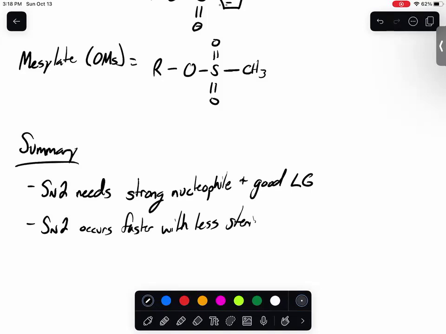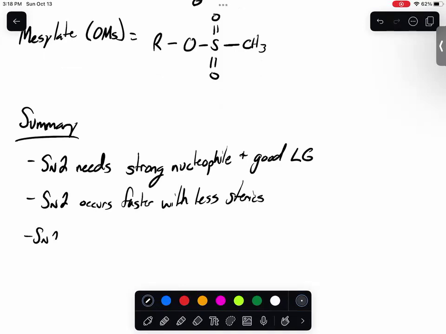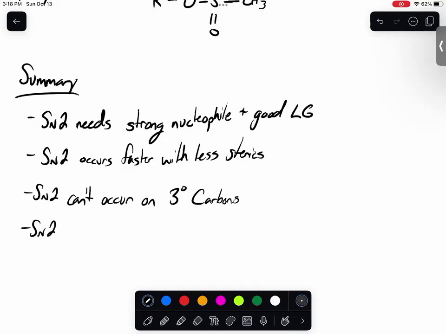Due to that activation energy we were talking about. SN2 can't occur on tertiary carbons. And finally, SN2 inverts stereochemistry.